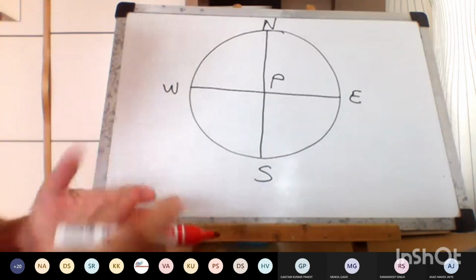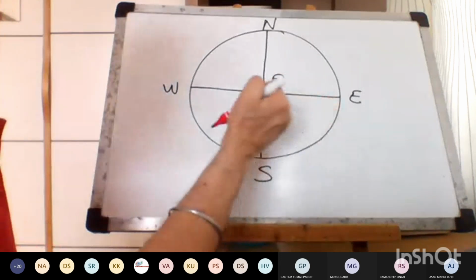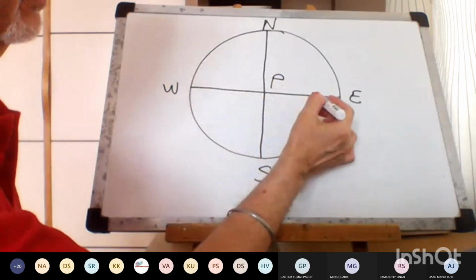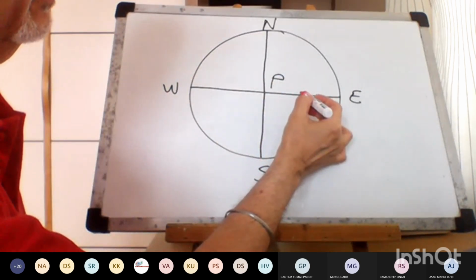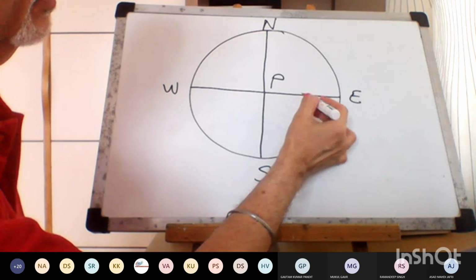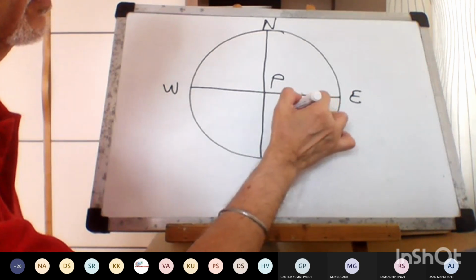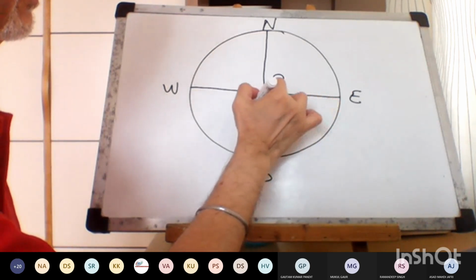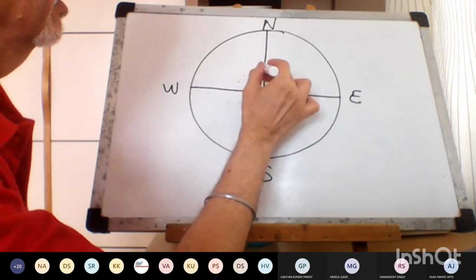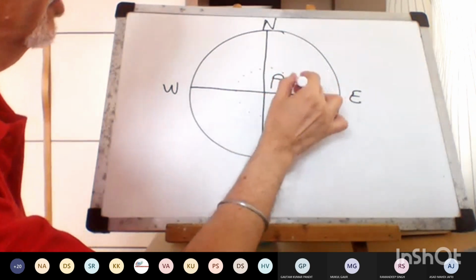Let me make a body which is circumpolar, in the sense it is always visible on the horizon. Let us say this is how the body has moved.